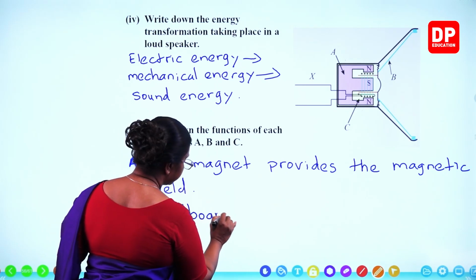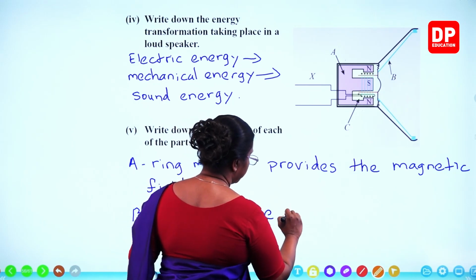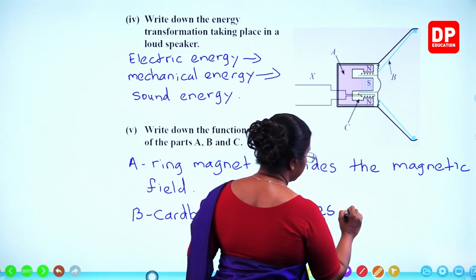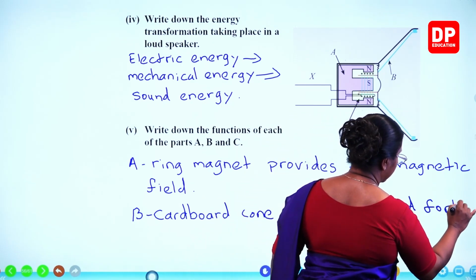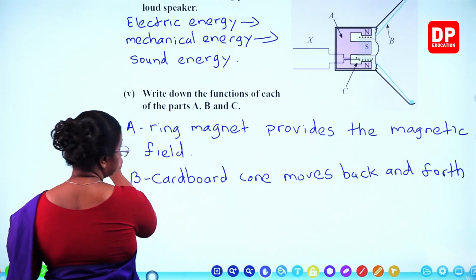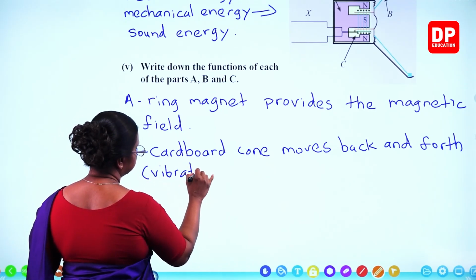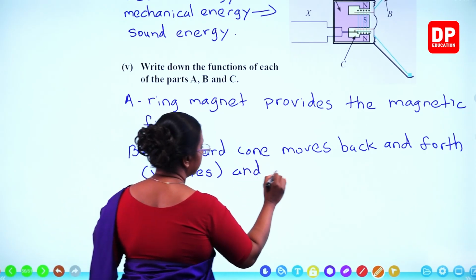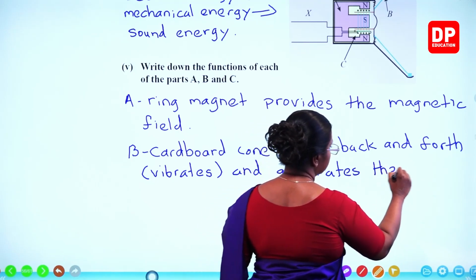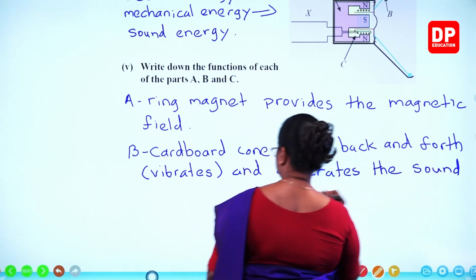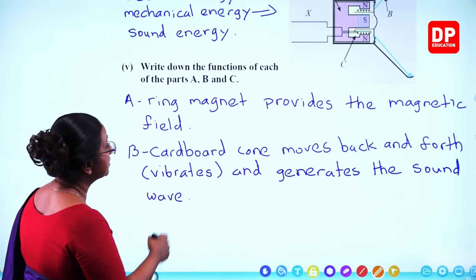Cardboard cone moves back and forth, or you can say vibrates and generates the sound wave. Because of that movement only sound waves are generated.